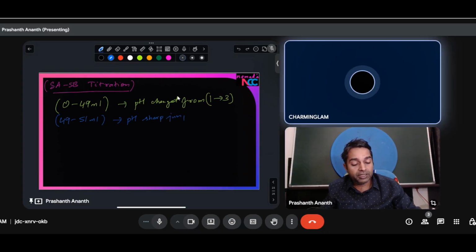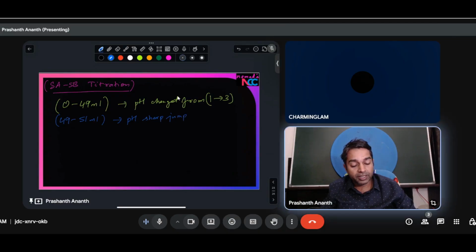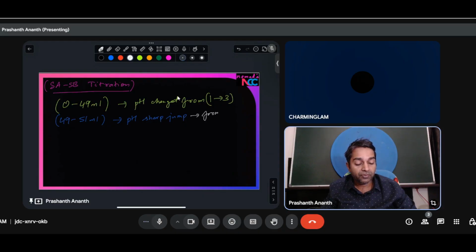This sharp jump in the pH over here is going to be from 3 till 11. And lastly, you're going to be having 51 ml onwards, where the pH changes slowly again.